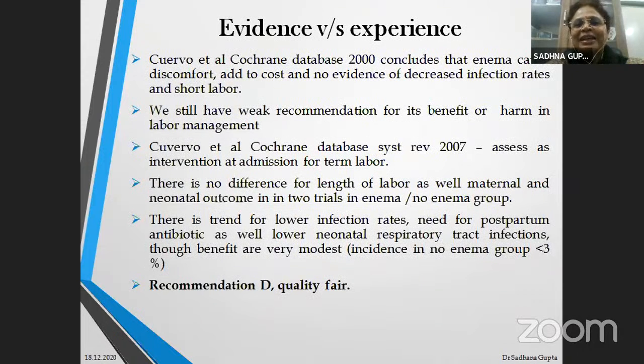But still, I would like to say that enema does not increase contractions. But there are a few papers that in the no enema group, there is a little lower infection rate and neonatal respiratory tract infection. That might relate to sometimes soiling and the baby aspirating. So enema should not be given, but I am also pointing out one or two studies which show this.